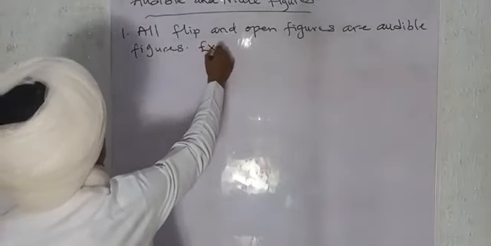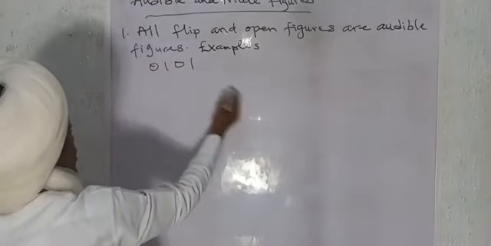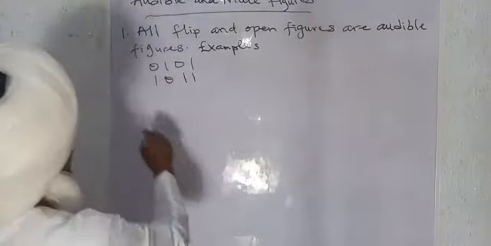So we classify them as audible figures. All flip and open figures. So examples here: 0101, 1011. These two figures are examples of audible figures.